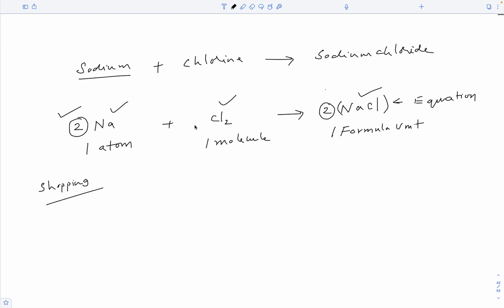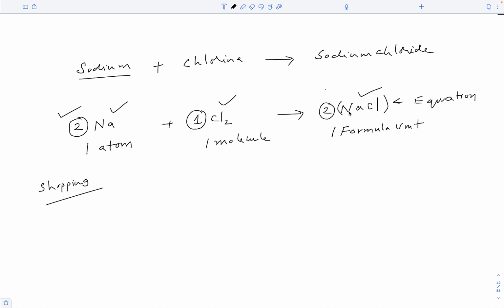If you do not see any number before a symbol or a formula, you have to imagine a 1 there. The numbers we see before the symbols and formulae in a balanced chemical equation are known as stoichiometric coefficients.